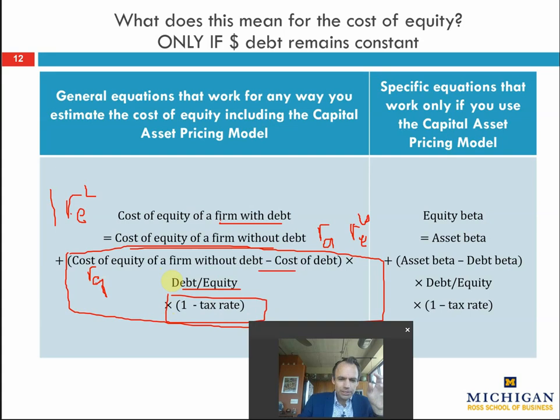Now, this equation looks the same as we had before, but there's this other part of it, 1 minus the tax rate in there, and that changes things just a little bit. And I'm going to explain that over the next 10 minutes.